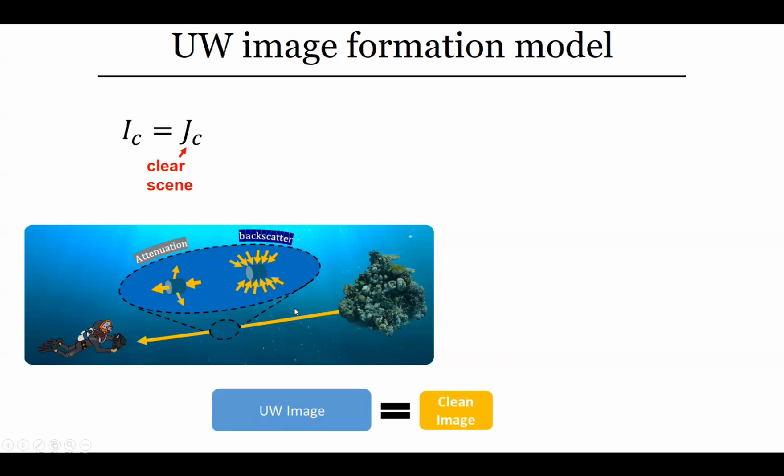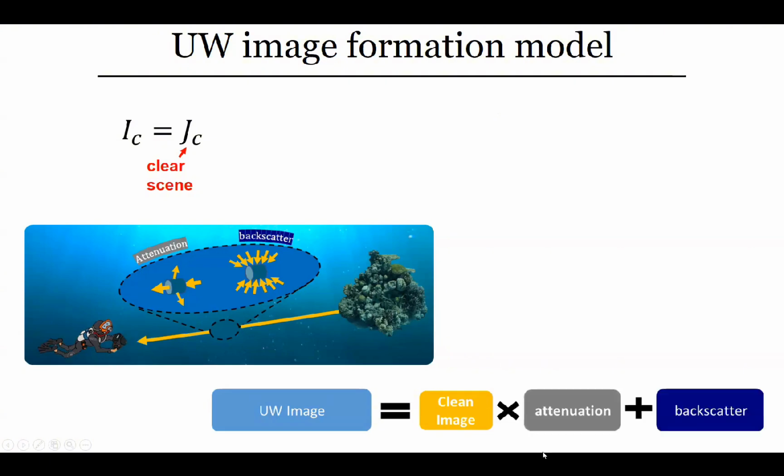And the basic way to model this is in the following way. There is the clean image that we would have captured without the medium. The basic modeling goes as follows. You take the clean image, you apply to it some attenuation.